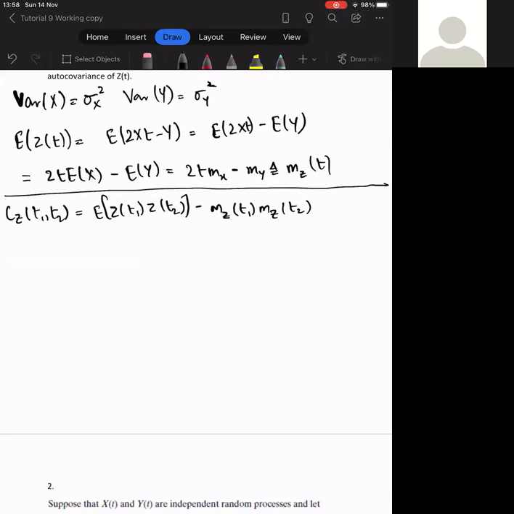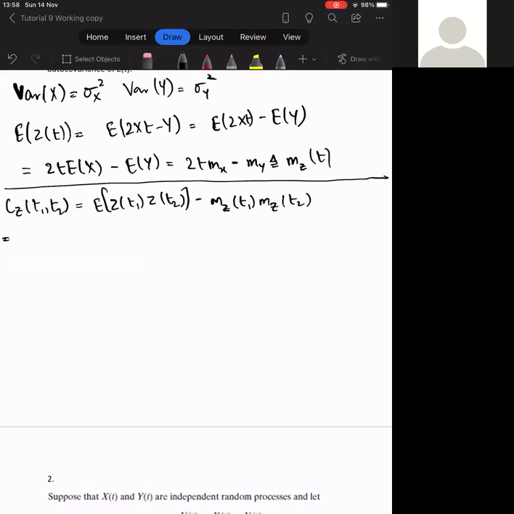That's just how auto covariance is defined. And we know Z of t1 is 2Xt1 minus Y, and Z of t2 will be similar. So we'll just expand.